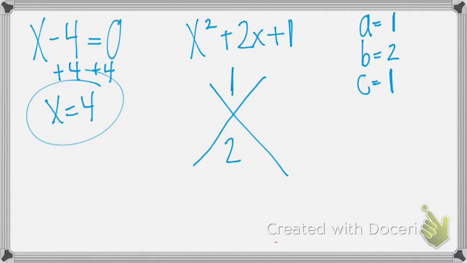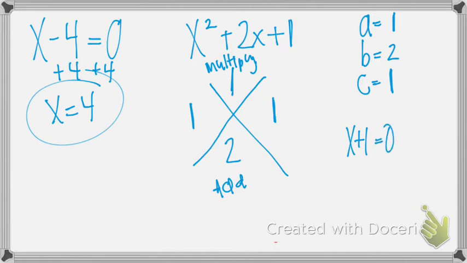So, we have to have 2 numbers that add to get 2, but at the same time, they multiply to get 1. What are they? 1 and 1. So, we have an x plus 1 equals 0, and an x plus 1 equals 0.